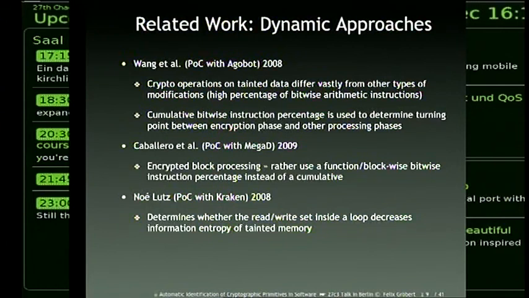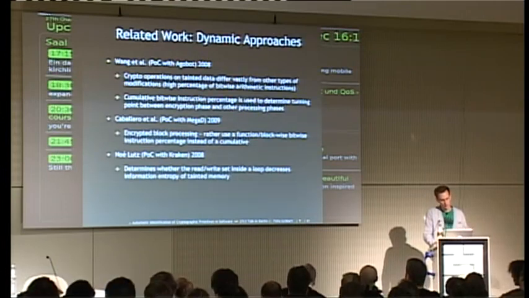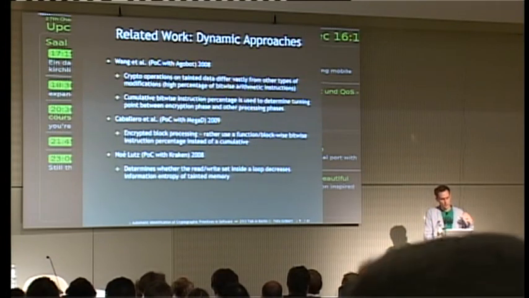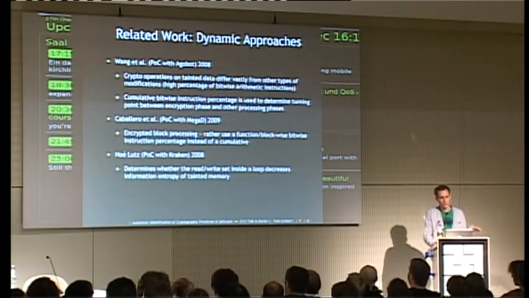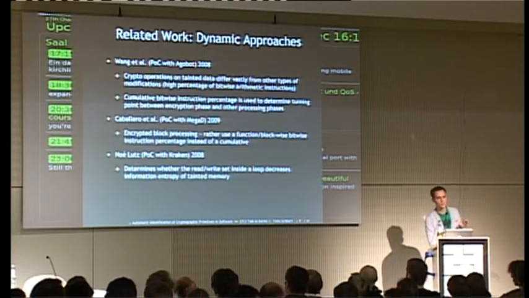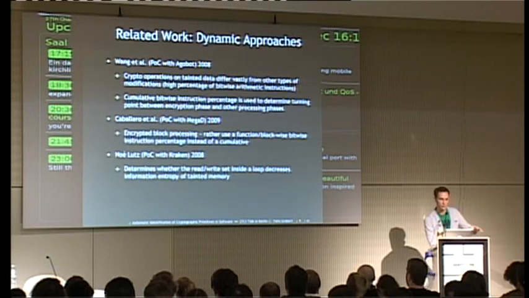Noël Lutz took a completely different approach. He also used tainting of data which comes in over the network, and followed that data to find loops over that data. And then he looked at how this loop manipulates the data. Is there a decrease or increase of information entropy after the data has been decrypted?